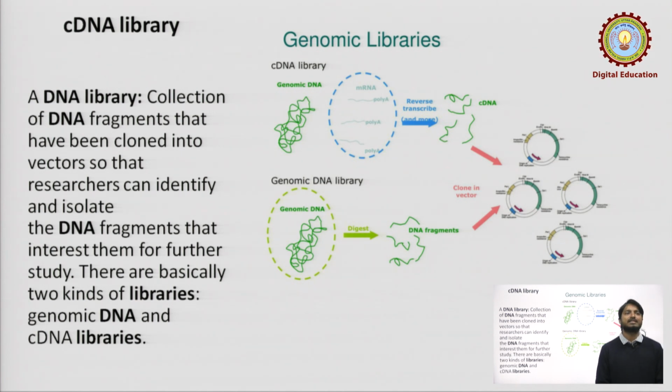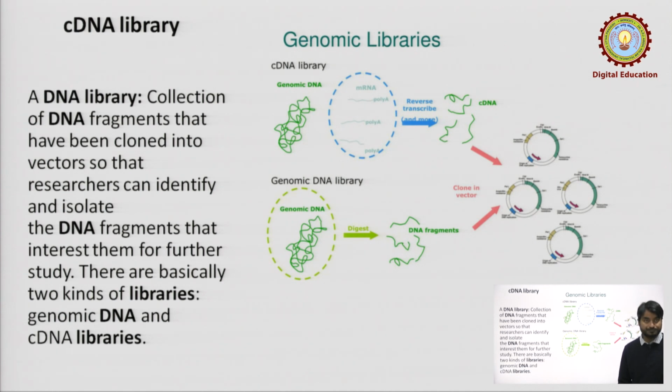There are basically two kinds of library. First is the genomic DNA library, and second is the cDNA library. The genomic DNA library contains the whole gene with both exon and intron, whereas the cDNA library contains only the coding part from the DNA.